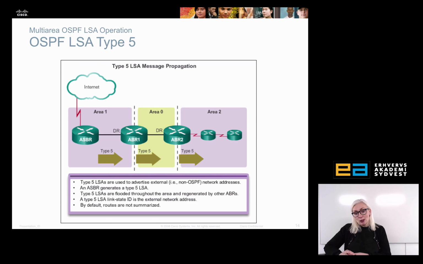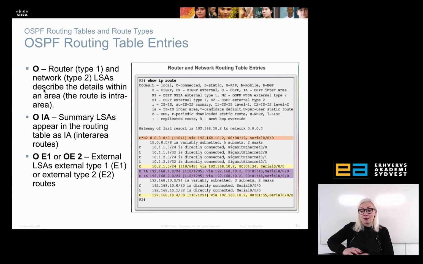And the last one is about the routes learned by the ASBR, for instance, external routes. This is also flooded between the different areas. So if we have an ASBR connected to some kind of external route, then this information will be sent by sending LSA type 5 advertisements.